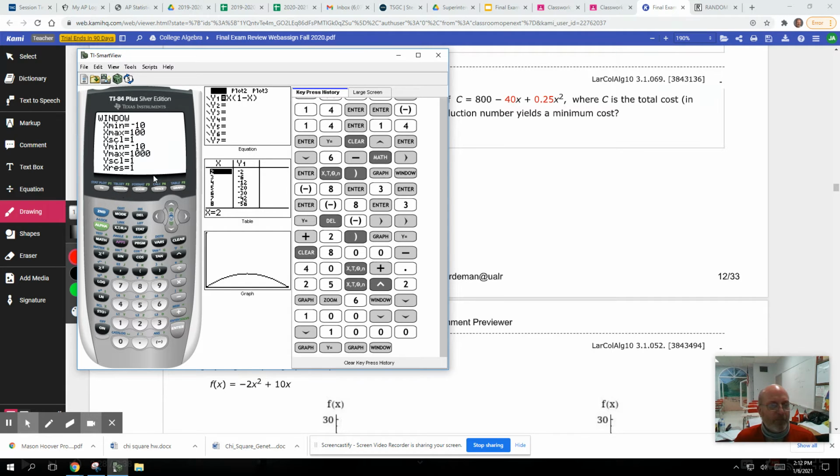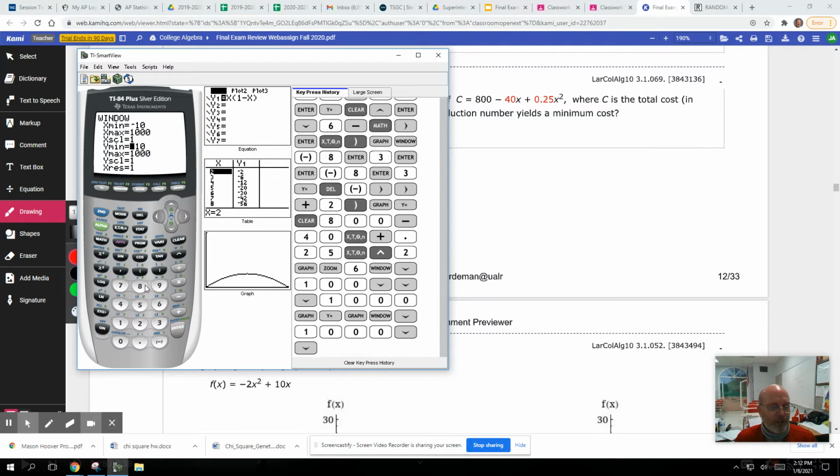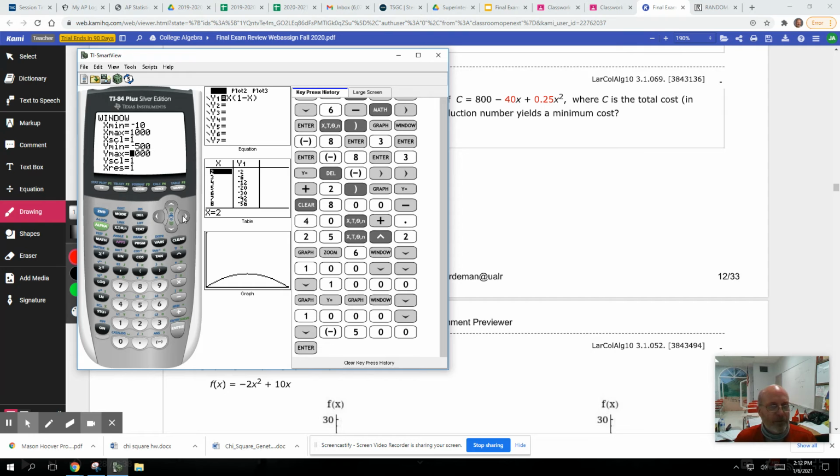Let's change the window. Let's make the x max 1,000 as well. We're going to make it bigger because we need to see farther. Let's go ahead and change the y minimum to negative 500 and graph this again. All right, we don't need near that much x. You can see it comes down and goes that way.